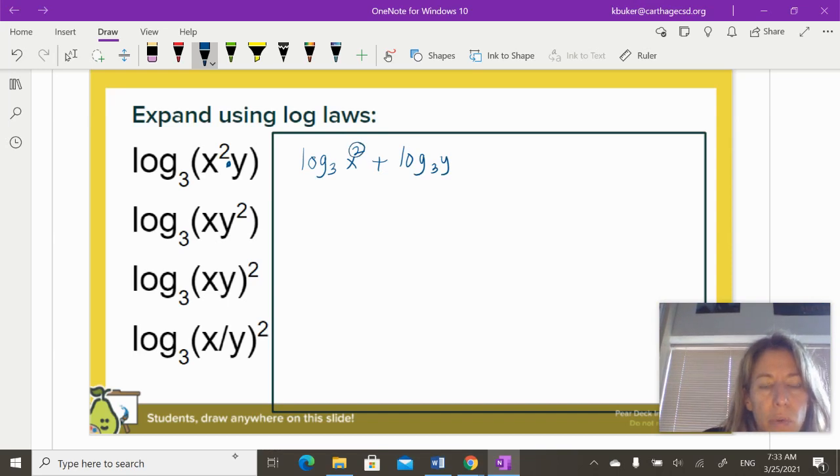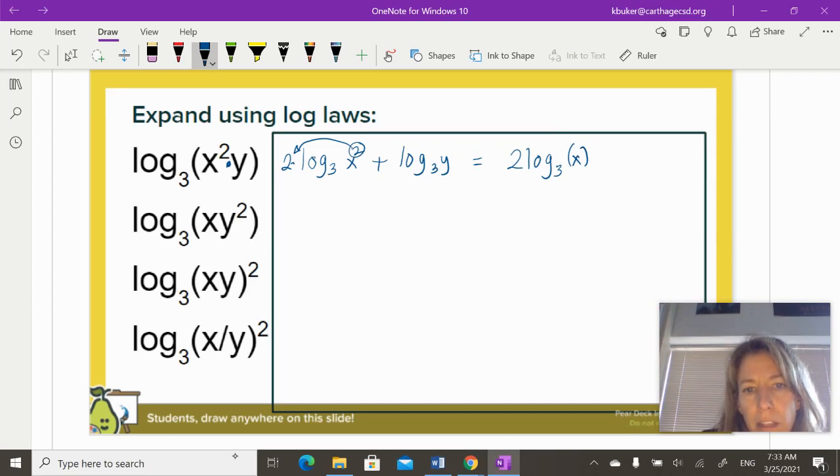And since this 2 is an exponent, I'm going to throw it out front, and I'm going to rewrite it as just 2 log base 3 of x plus log base 3 of y. And I'm not very consistent, which I should be, about writing the input in parentheses or not. If it's just one item, you don't have to have parentheses. If it's more than one item, you should put parentheses around it.